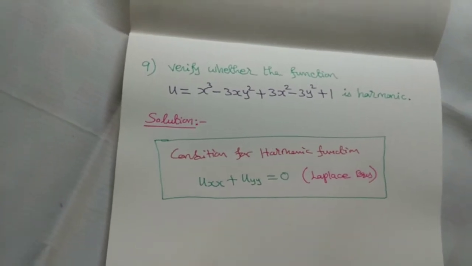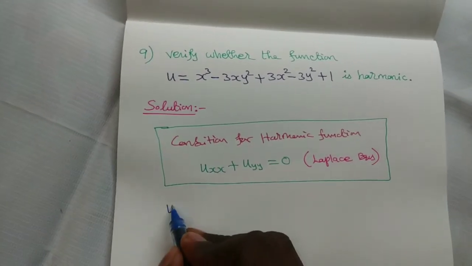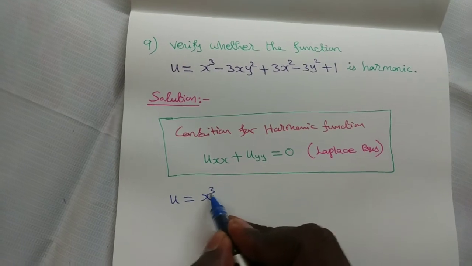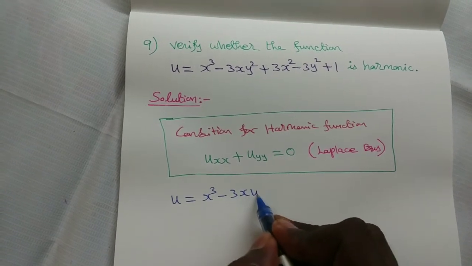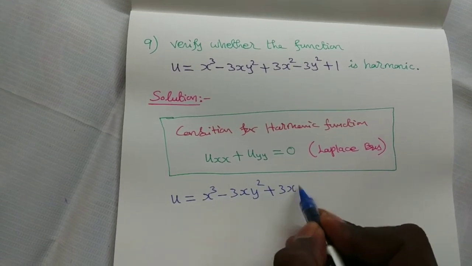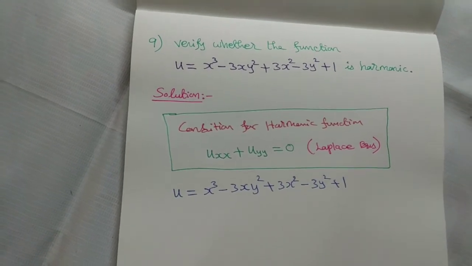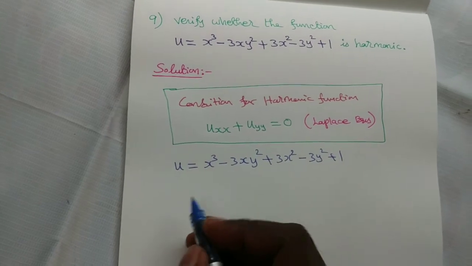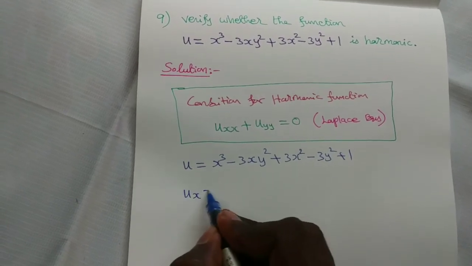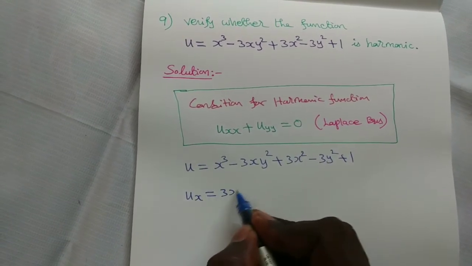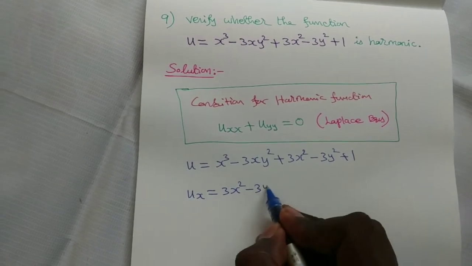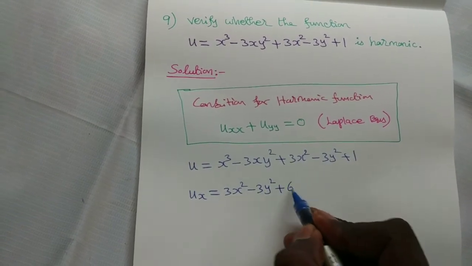Okay, so now the given function is u is equal to x cube minus 3xy square plus 3x square minus 3y square plus 1. Now I want to differentiate partially with respect to x. So ux is equal to 3x square minus 3y square plus 6x.